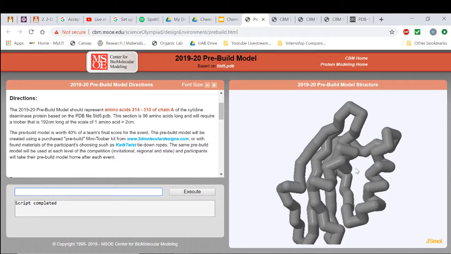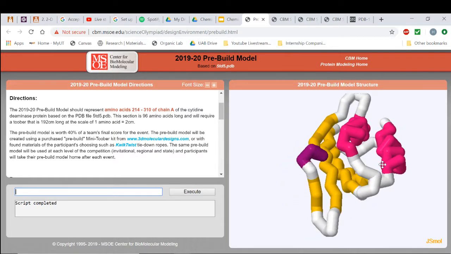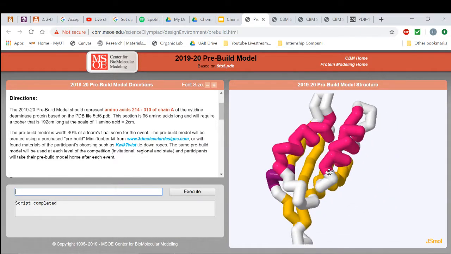And then finally, the most important part of the protein modeling pre-build is that you get the secondary structure right. That's the alpha helices and the beta pleated sheets. You want to make sure that you build those because a lot of the time the rubrics for protein modeling want to make sure that all your alpha helices are the right length and in the right position, and that all of the secondary structures are in the correct relationships to each other. To make that easier to see, you just type in color structure, and then it will color the secondary structure for you.